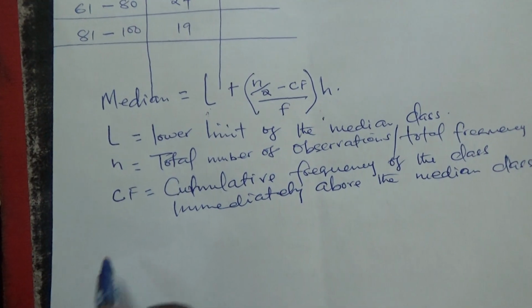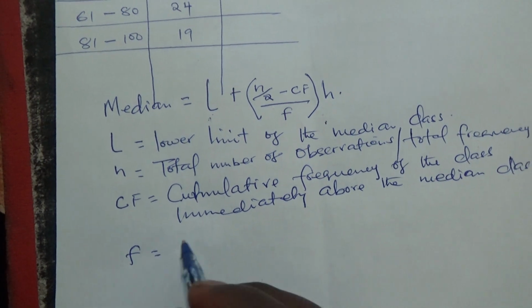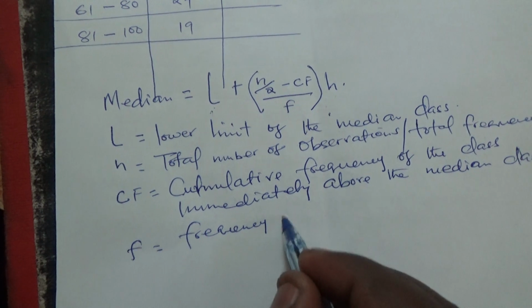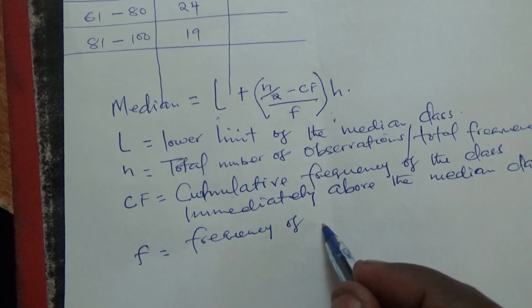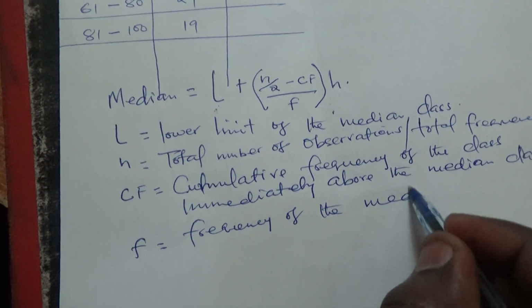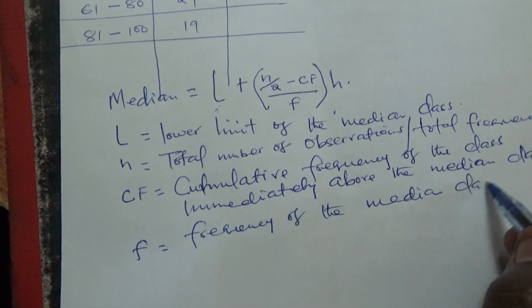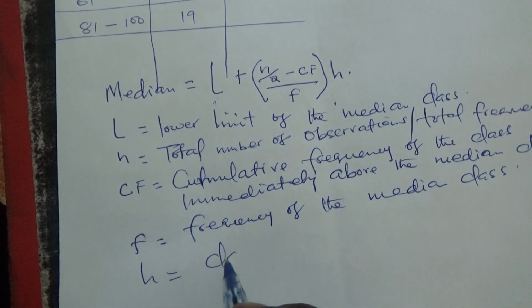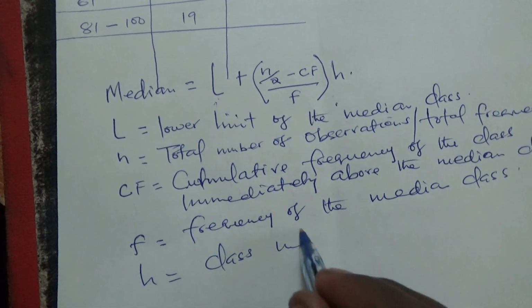Then we have F, which is the frequency of the median class. And then we have H, which is the class interval.